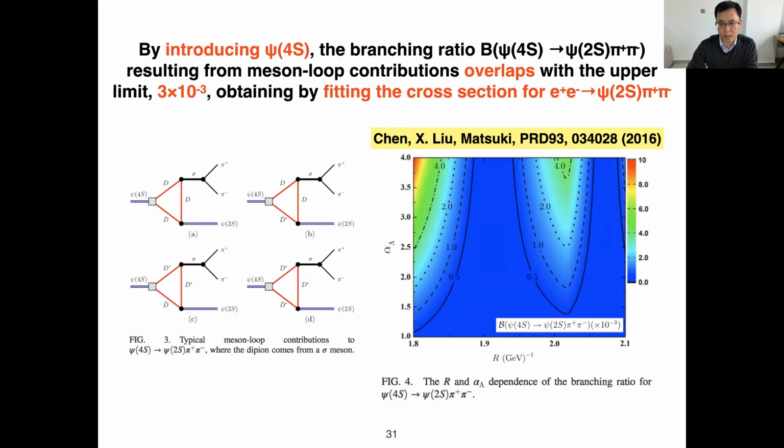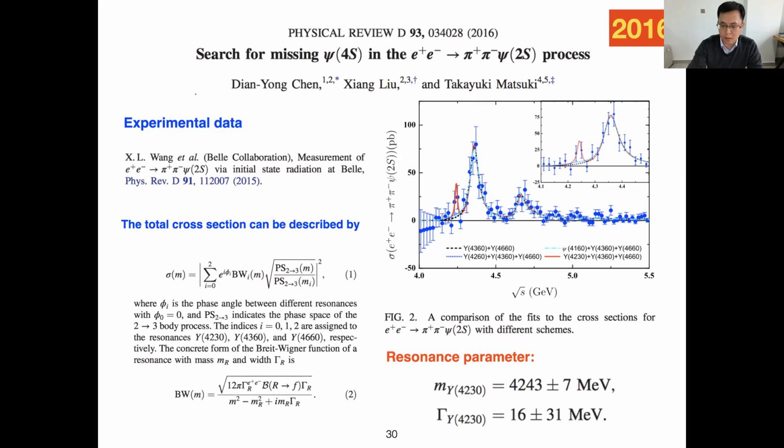It means that this state introduced by our group, located at 4.2 GeV, can correspond to the psi(4S) state. I want to emphasize this point here.